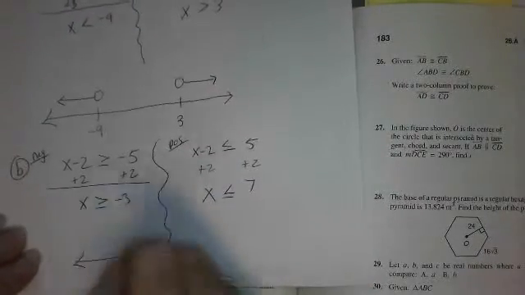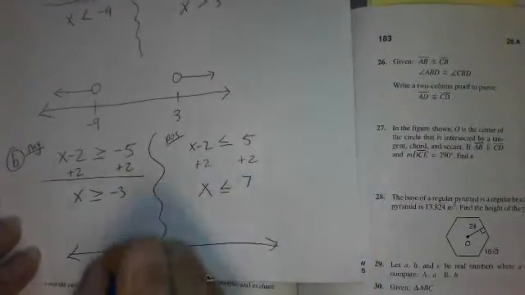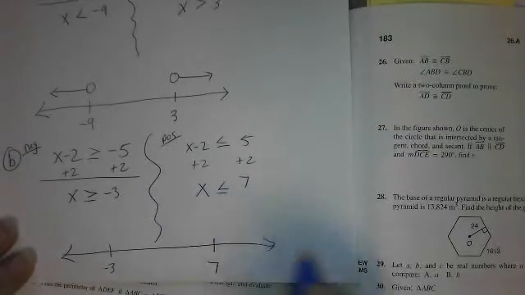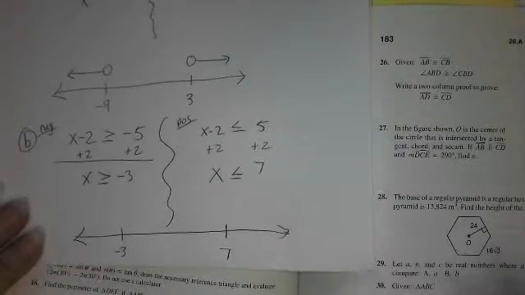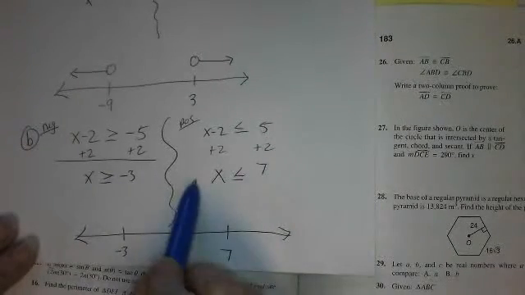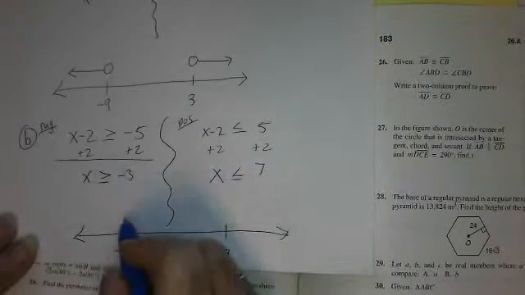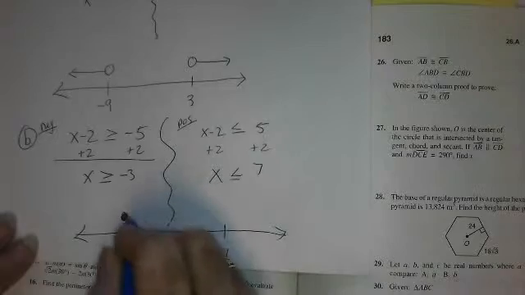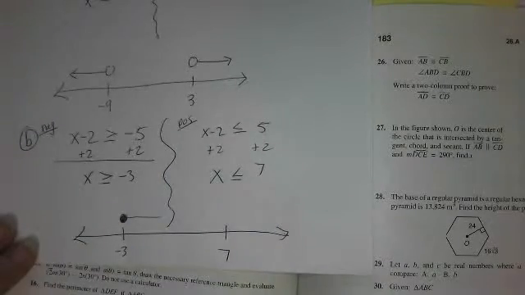I'll draw a number line, and I'm kind of lazy, so all I care about is these two numbers on my graph. Then I see that this arrow is pointing to the right, and I can think of it as the numbers that are greater than negative 3, so it's going to go this way.